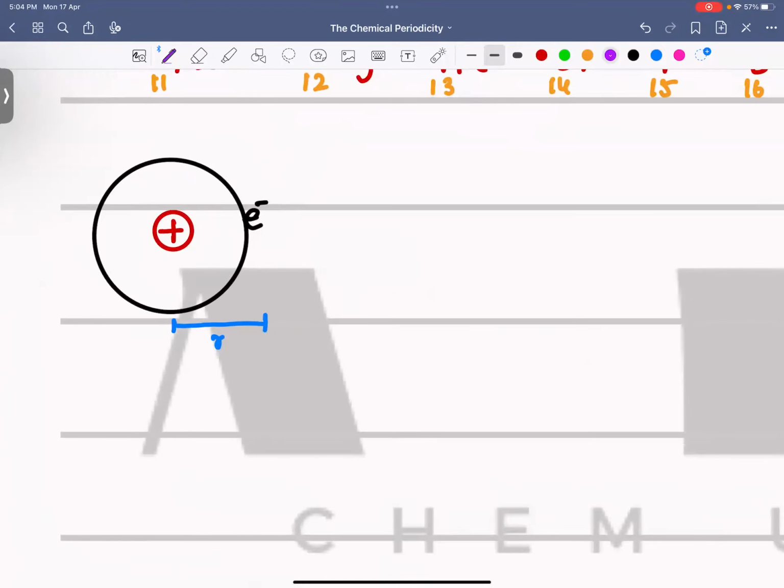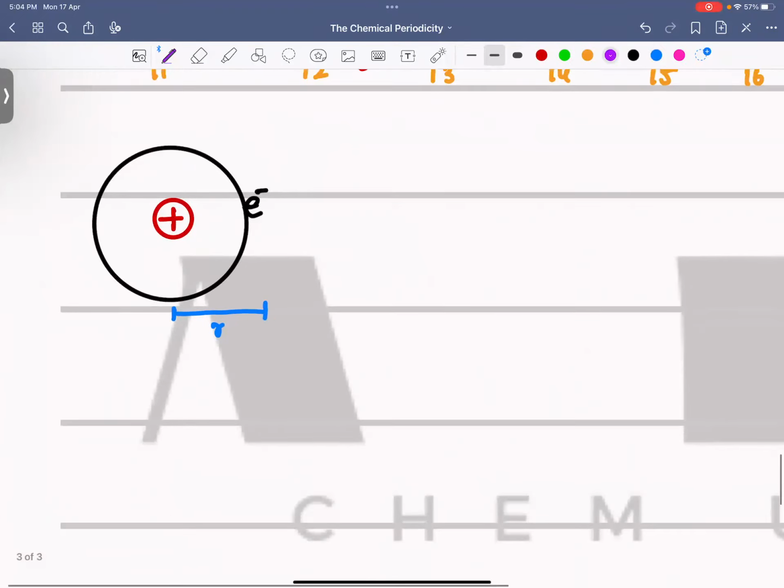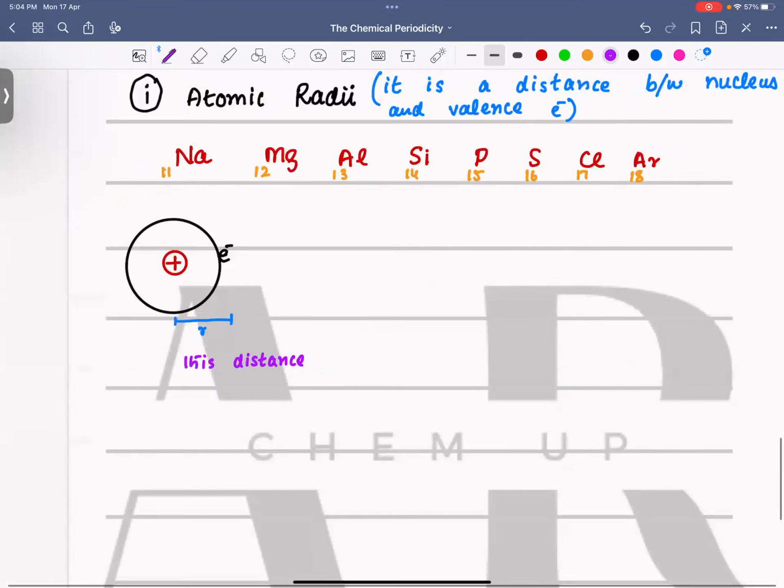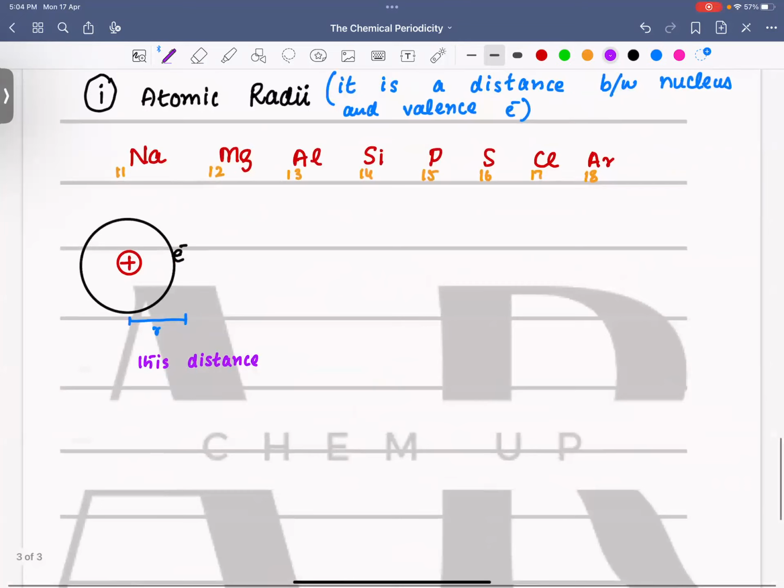But the important thing is that this distance is not measured in this way.